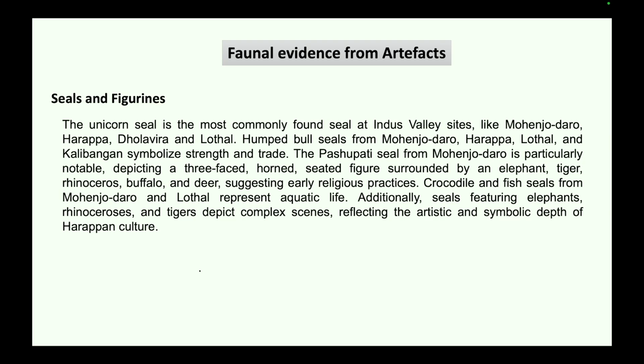The Pashupati seal from Mohenjo-daro is particularly notable, depicting a three-faced horned seated figure surrounded by an elephant, tiger, rhinoceros, buffalo, and deer, suggesting early religious practices. Crocodile and fish seals from Mohenjo-daro and Lothal represent aquatic life. Additionally, seals featuring elephants, rhinoceros, and tigers depict complex scenes reflecting the artistic and symbolic depth of Harappan culture.